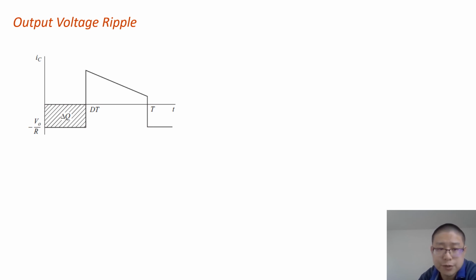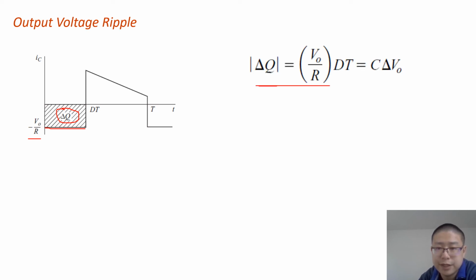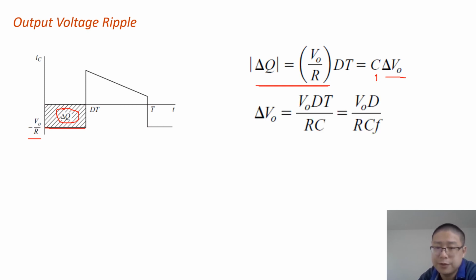When the switch is closed, the current is negative VO over R. So we can calculate delta Q using the current times the dt, so we can obtain delta Q. And we also know delta Q equals the capacitance times the delta VO, that is the voltage ripple. So we can easily obtain the equation for delta VO.